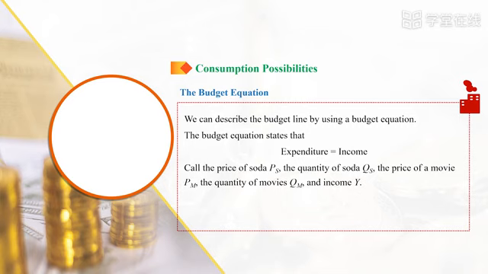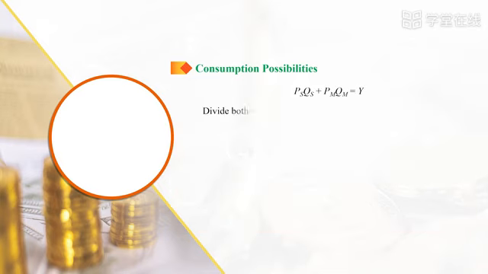Let's call the price of soda PS and the quantity of soda QS, the price of a movie PM, the quantity of movies QM, and finally the income Y. Then Lisa's budget line is PS times QS plus PM times QM equals Y. We can divide both sides by the price of soda, PS, to give QS plus PM over PS times QM equals Y over PS.